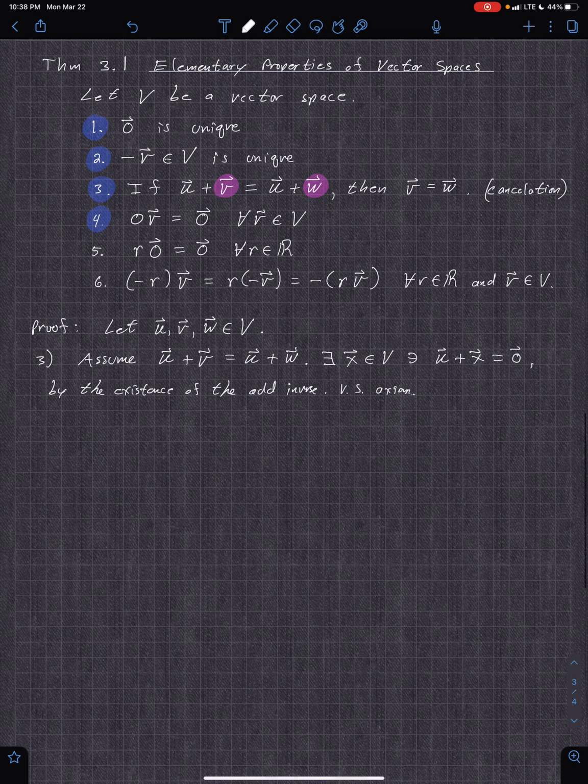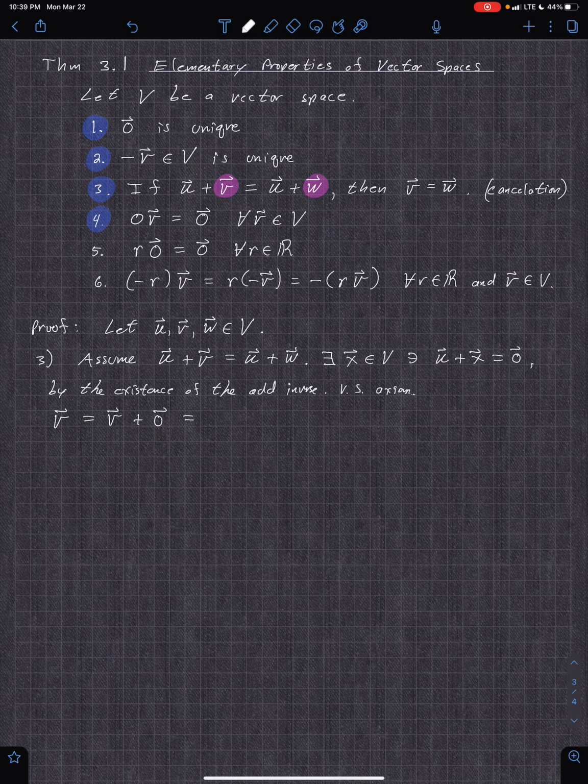Then we have that V equals... Now we're going to use another property that we know V can be equal to V plus the 0 vector, right? There exists a 0 vector, we can write it like that. So we know the 0 vector exists in a vector space, and you can say that V is equal to that.